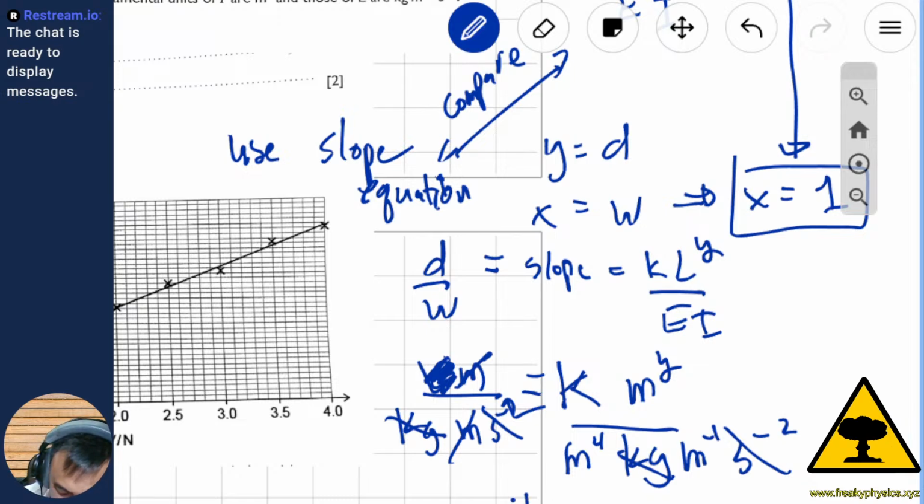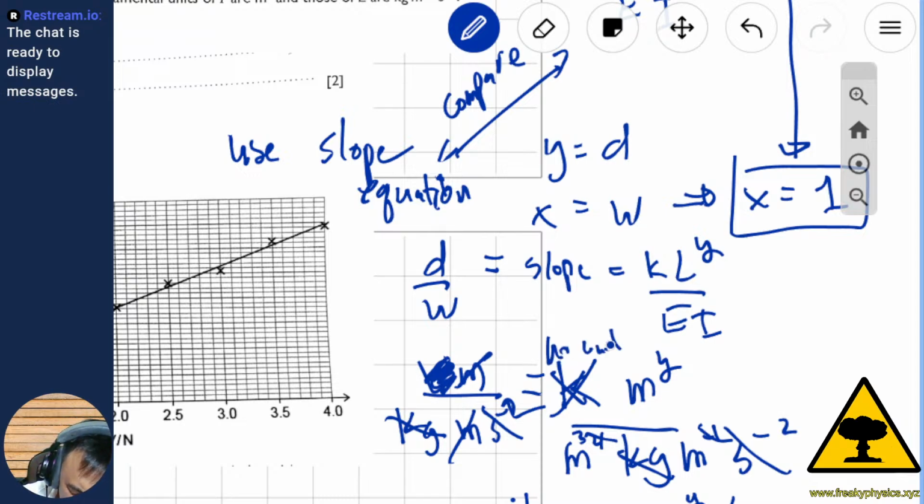Okay, that's going to be equal to k meter raised to y over meter cubed. This 4 and this minus 1 cancel out. We're left with 3, right? So if the whole thing has no unit, then we can ignore k, because k is normally just a number, no unit.